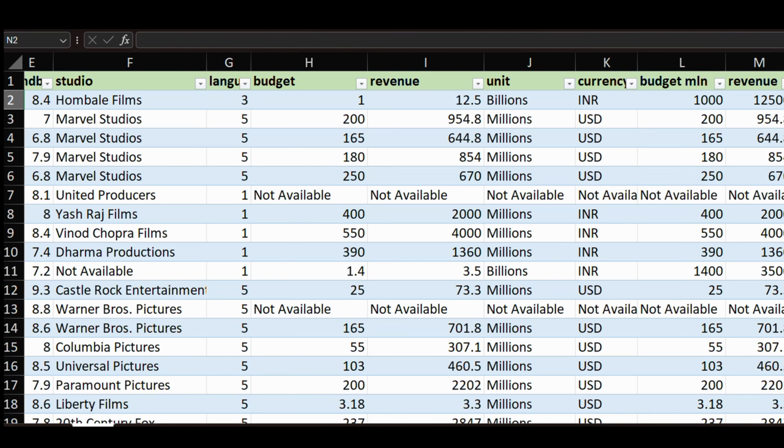Now in INR. How are we going to convert this into INR?